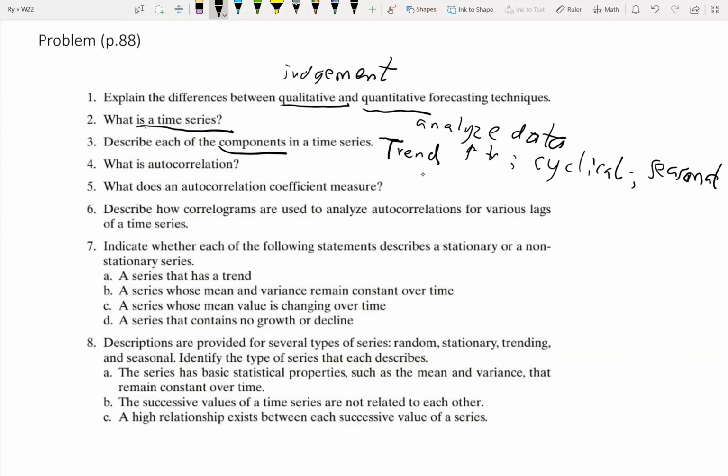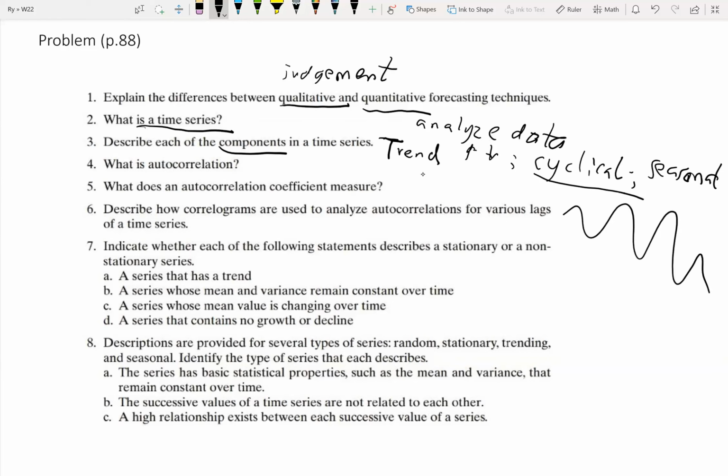Actually, one student asked the question, what is the difference between seasonal and the cycling curve? Maybe I want to explain here just a little bit. We'll discuss in detail in chapter 5 when we do the data decomposition. So the cyclical data is wave-like functions around the trend. It is wave-like.